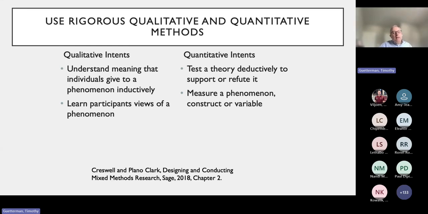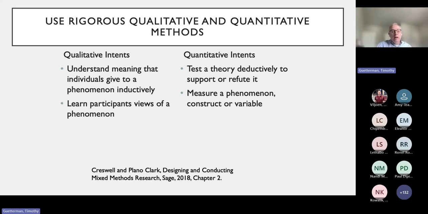So a mixed method study is not necessarily taking a large survey and adding an open-ended question. And I'm not saying that's a bad idea, but that single open-ended question would not really be rigorous qualitative methods compared to other forms of collecting qualitative data.